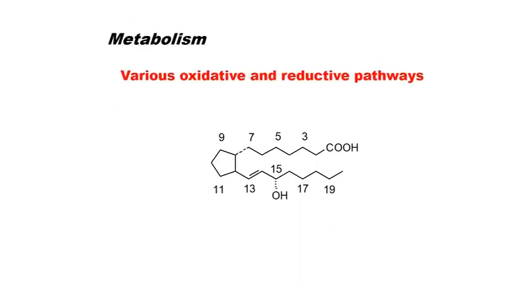One of the important factors that should be kept into consideration is the metabolic pathway of such a structure. Prostaglandins undergo various oxidative and reductive pathways upon metabolism. At position number 15, the alpha OH, initially a secondary alcoholic function, is oxidized to a ketonic function.